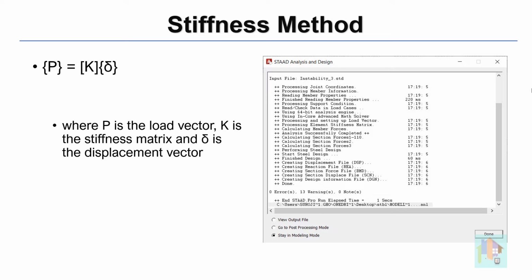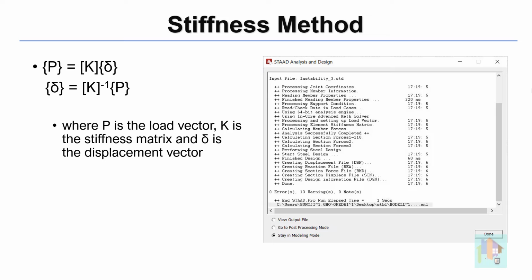Load vector P equals the stiffness matrix K into the displacement vector delta. For any statically determinate or indeterminate structure, STAAD forms the load vector and stiffness matrix and then performs the matrix inversion to calculate the unknown displacement components.